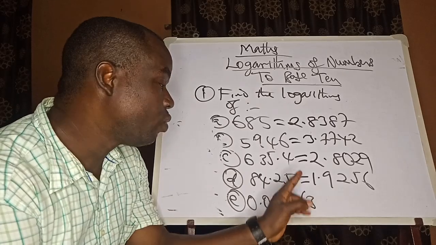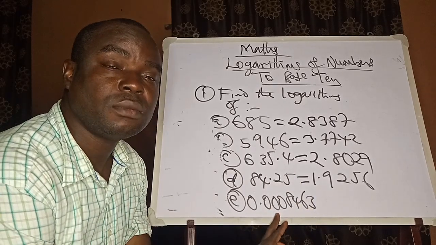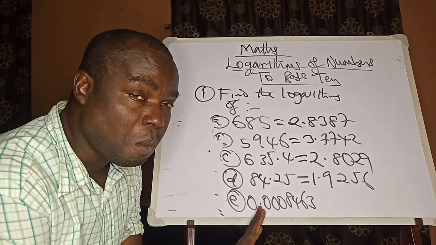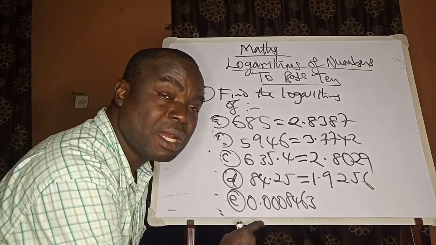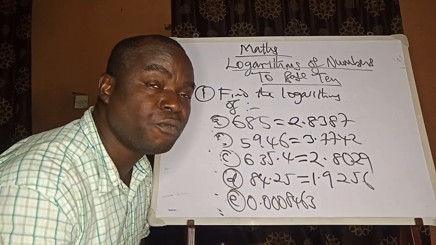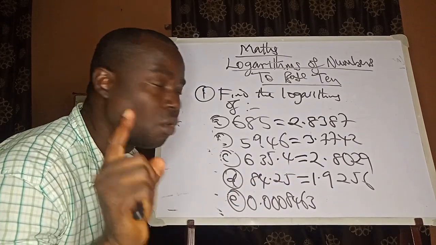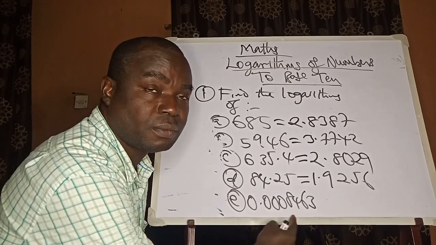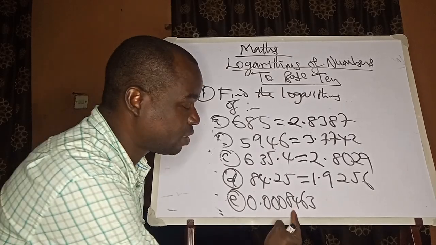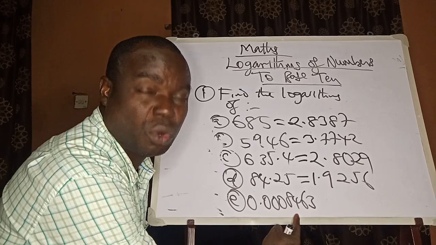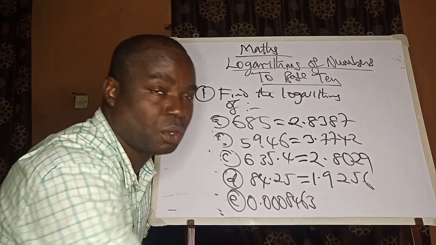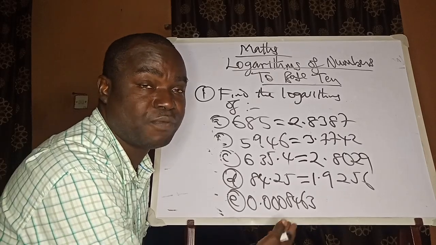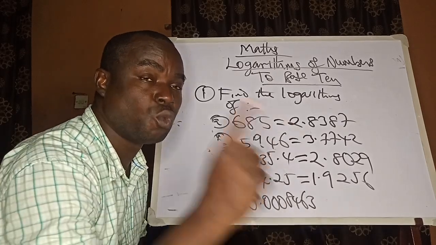Okay. So now look at this one. You will see that this number here begins with 0 points. For any number that begins with 0 points, if you want to find the logarithm of the number, what you do is count the number of zeros before the first number or before the first significant figure. After all the zeros, the first number that is not 0 is one significant figure.